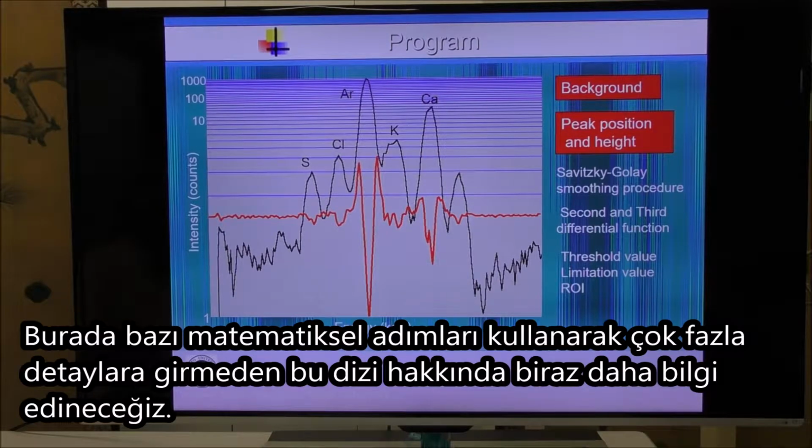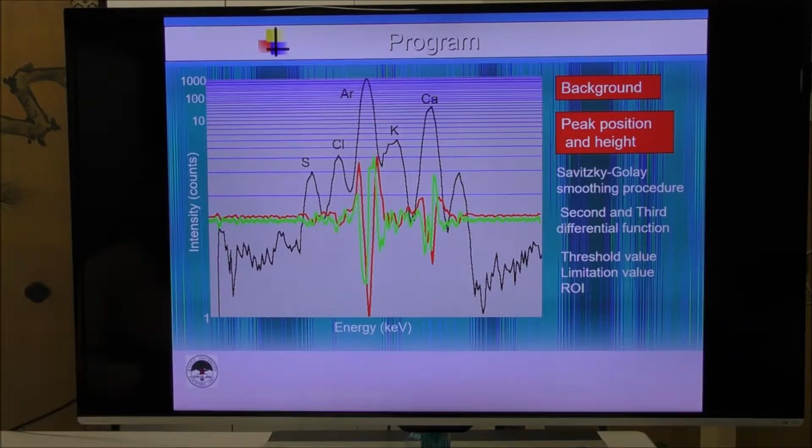Here, by using several mathematical steps that I'm not going to go into details about, we will get some more information about this spectra.